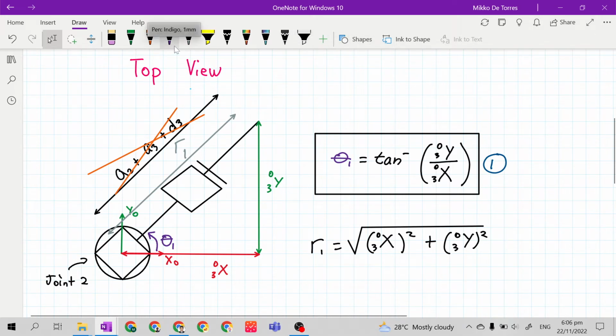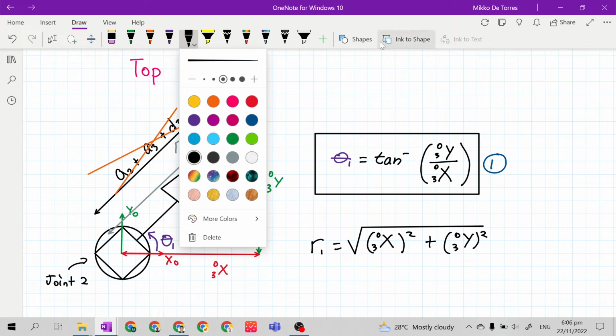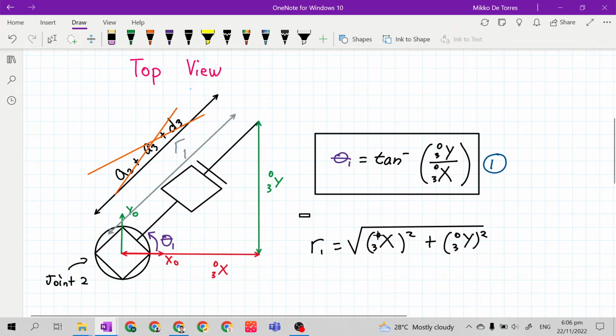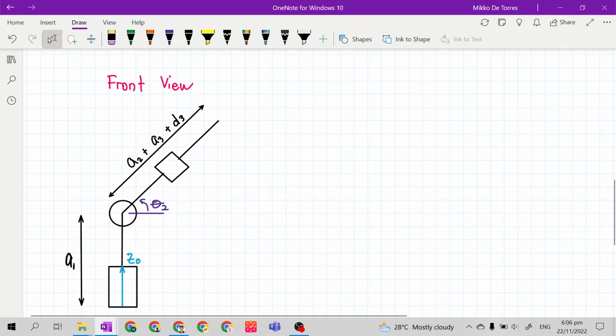But we will put the equation of r sub 1 inside a box. Okay, next, let's go to the front view.